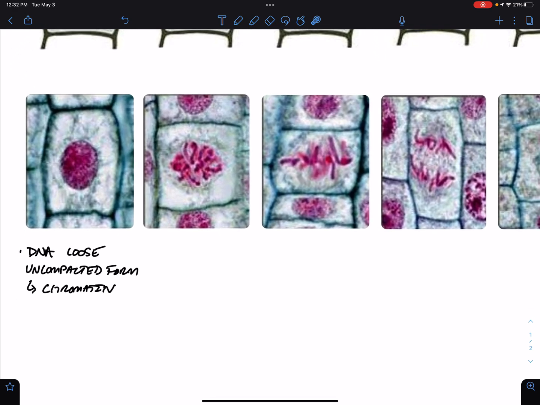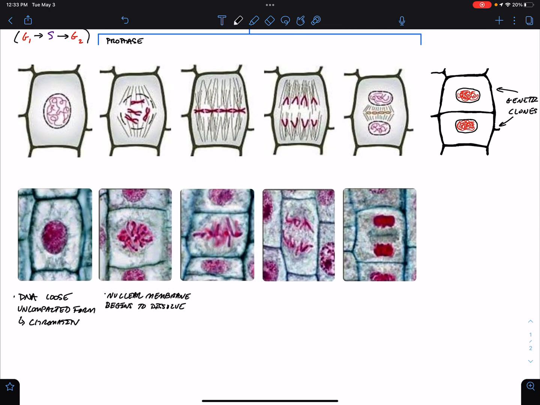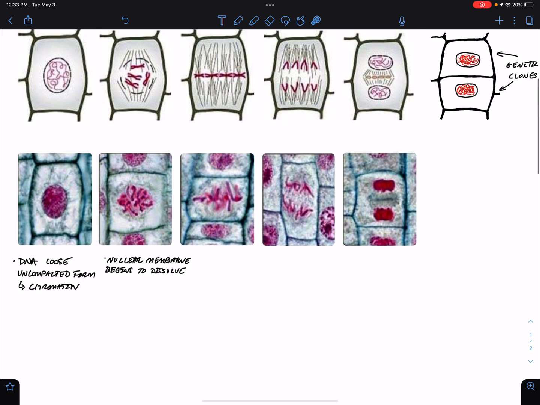First of all, the nuclear membrane begins to dissolve. And the chromosomes start to condense and form these X-like structures.